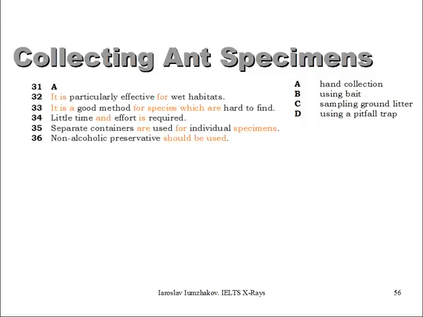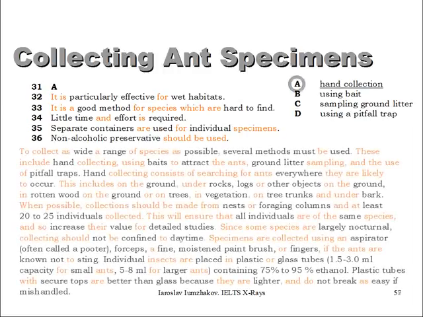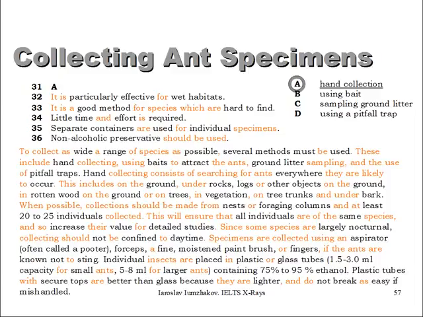Okay, so let us go back to the paragraph we have been working with here. As we understand, it is all about hand collection. So, any more questions from the list 32 to 36 to add letter A, hand collection?